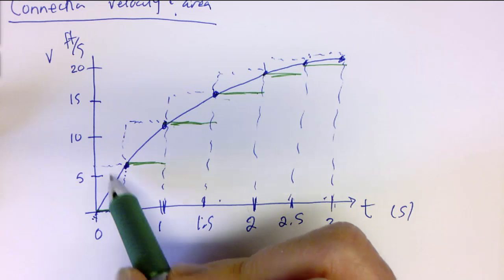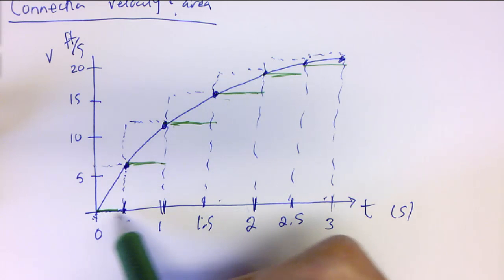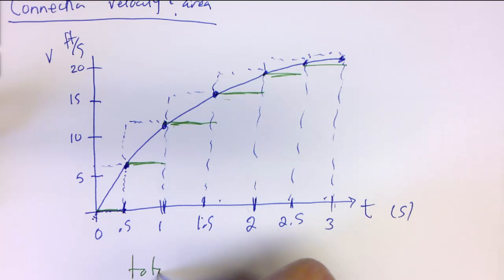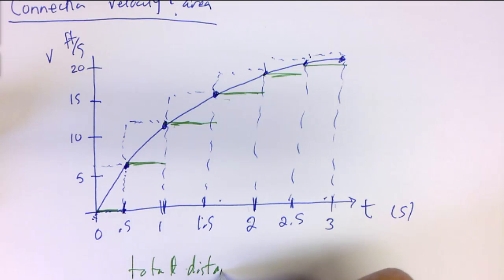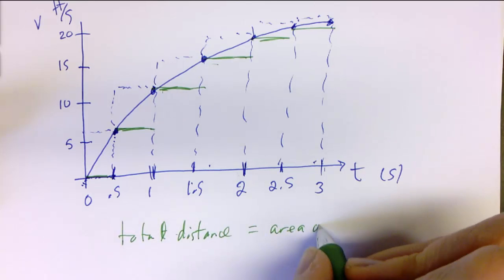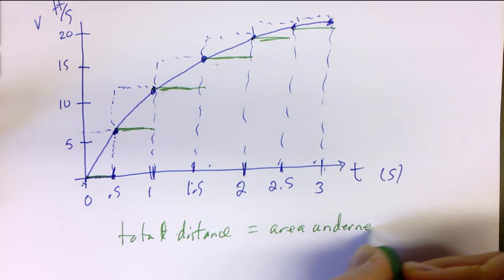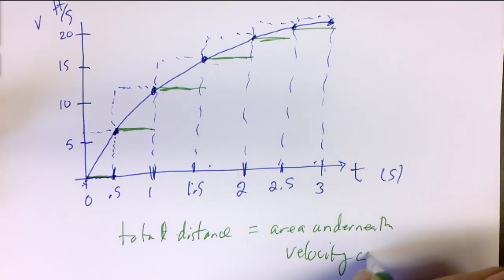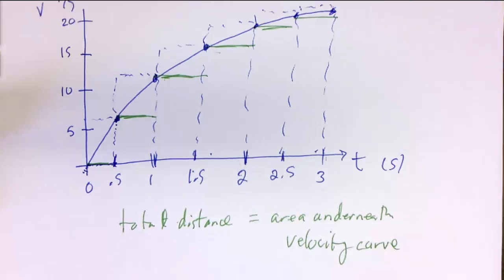So it's height times width, it's y times x, it's the area of each of these rectangles. The total distance is equal to the area underneath the velocity curve. And that's going to be a common theme that we're going to use over and over as we move through Chapter 5.